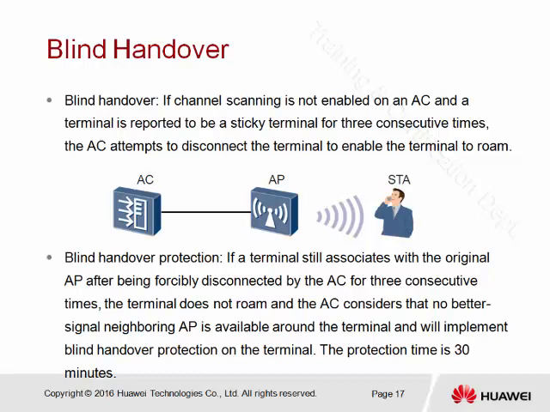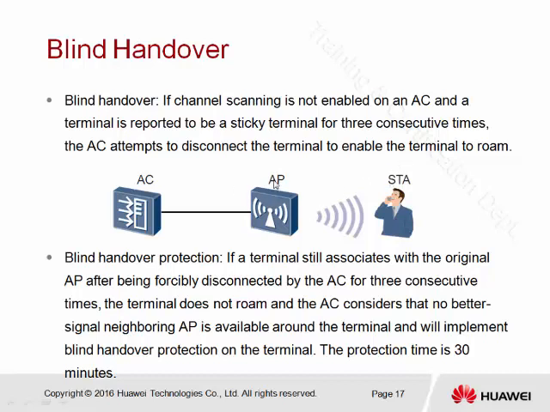Then the next one is the blind handover protection. If the terminal is still associated with the original AP after being forcibly disconnected by the AC for 3 consecutive times, the terminal does not roam, and the AC will consider there's no better signal neighboring AP available. This case happens when there is no other AP in the surrounding. So even if the original AP tries to force the SDA, it can't disassociate from the current AP.